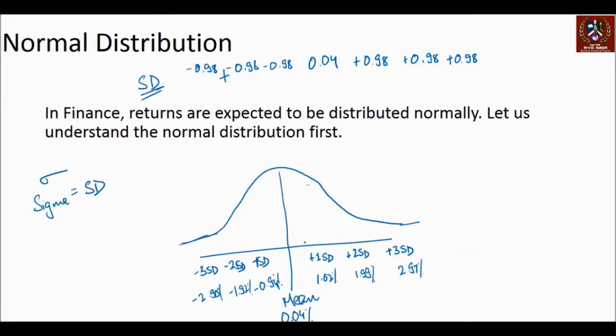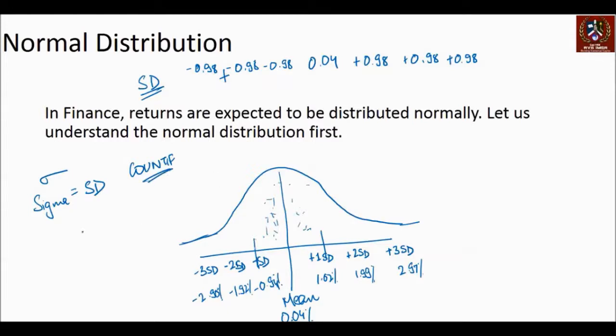Now you try and find out on how many days the return is between this point and this point. We have the data. We can actually just try and find out on how many days the return is here. All we need to do is use COUNTIF. Count if the return is less than 0.04%, count if the return is more than 0.04%. You can use multiple conditions as well.